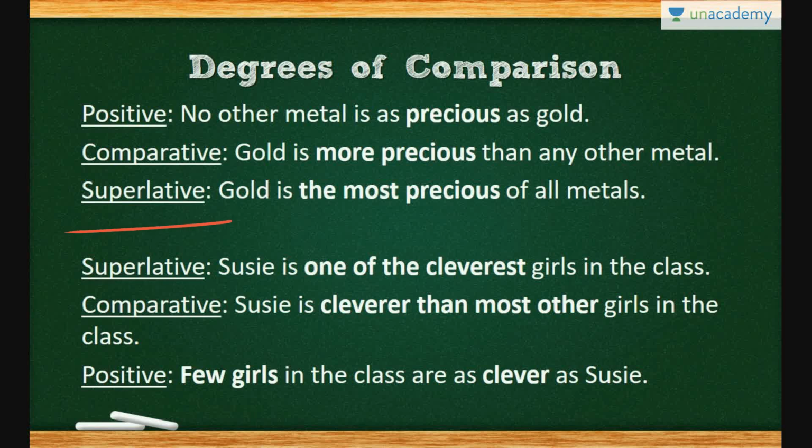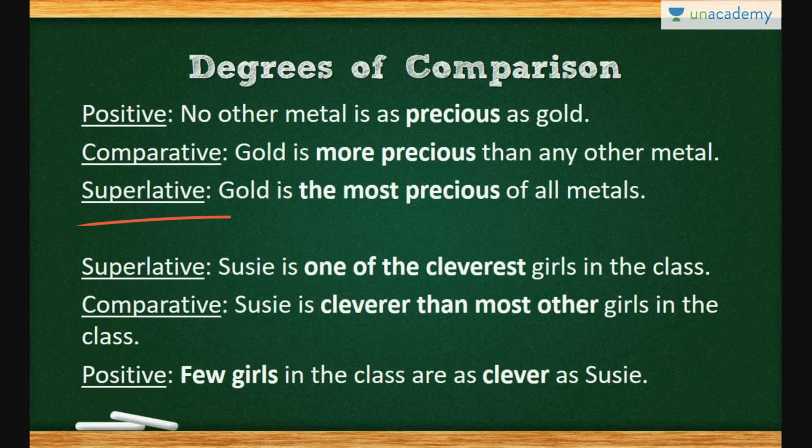Now, when I say positive, comparative, and superlative, they won't make any sense to you unless I give you an example. So, good, better, best. Good is positive, better comparative, and best superlative. Now this can also be tall, taller, tallest.